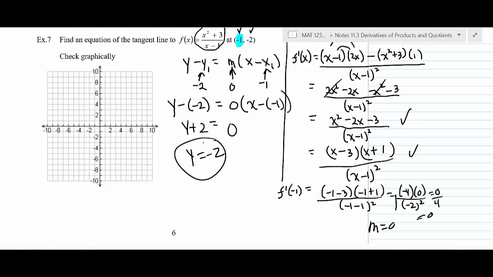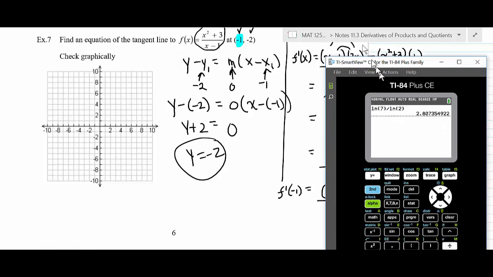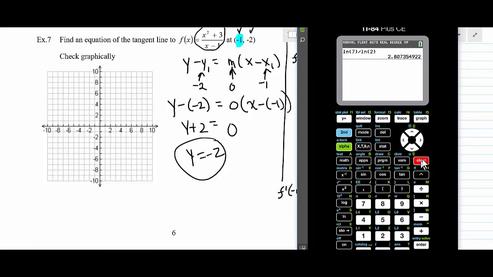We'll go ahead and do a little graph on our calculator. So the only thing different about the problem is you had a quotient rule. So the derivatives are getting a little more complicated now. So let's put this in the calculator and see if this looks visually correct to us here. The way you'd want to do this is like this. You'd want to put the function in.